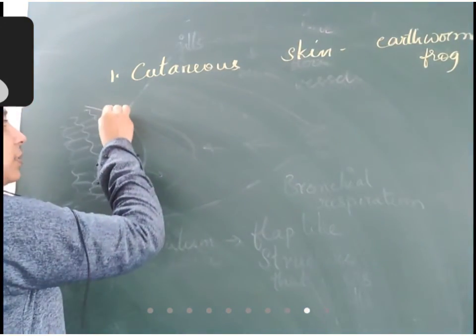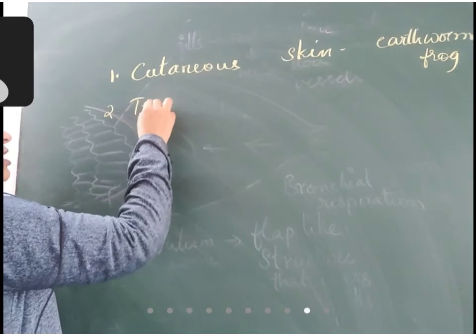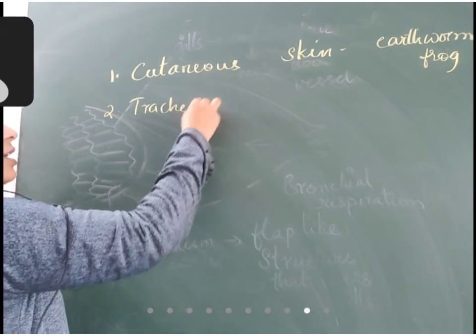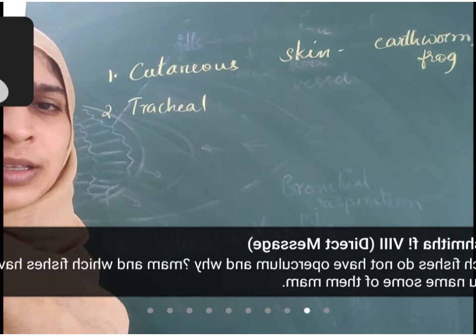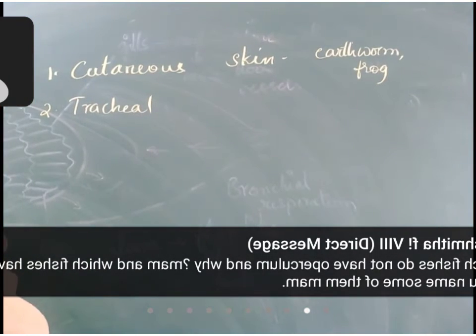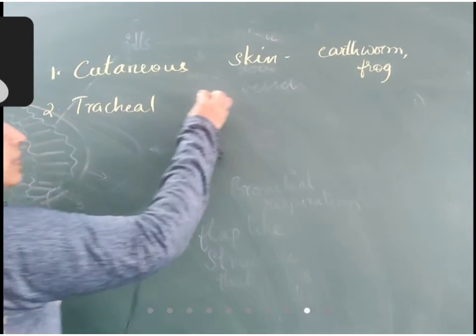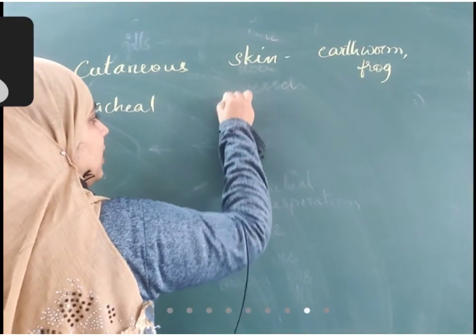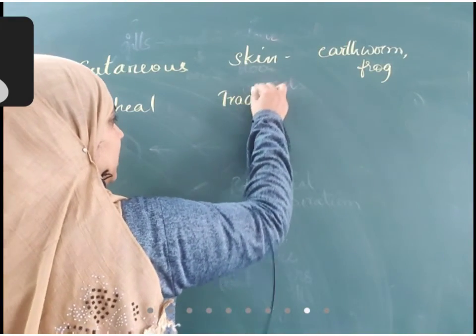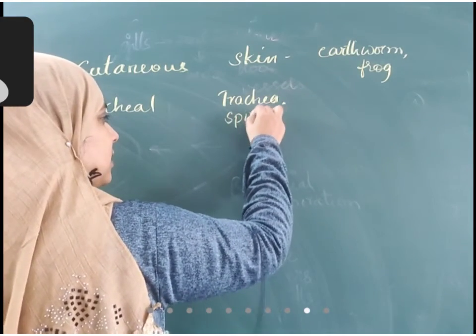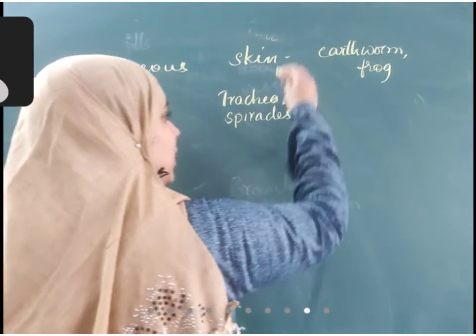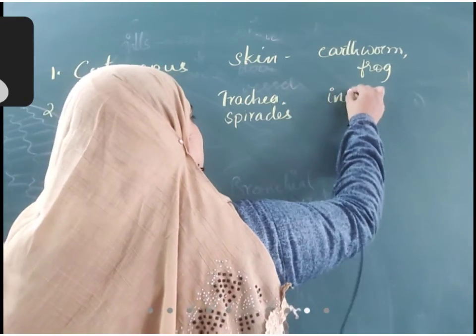Second type of respiration, tracheal respiration. What are the organs of respiration in this? Trachea and spiracles. Example for organisms, insects.